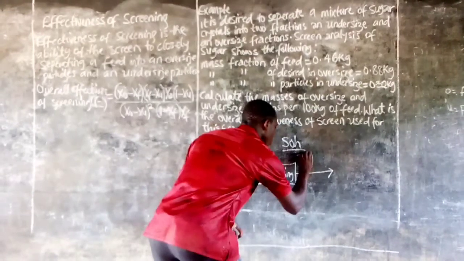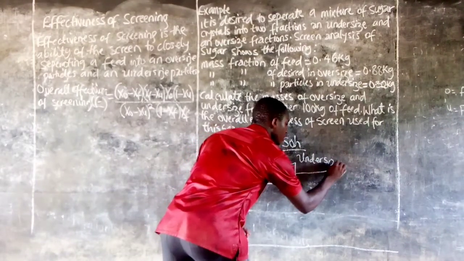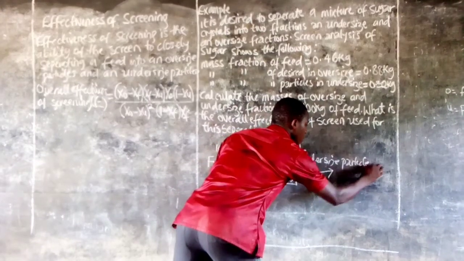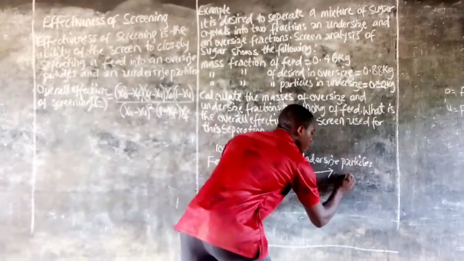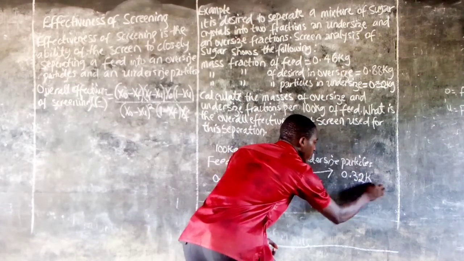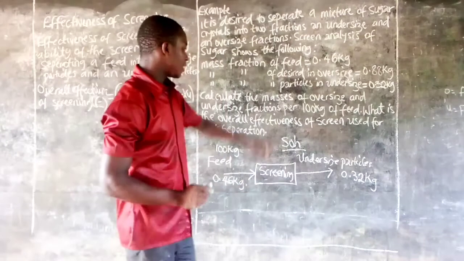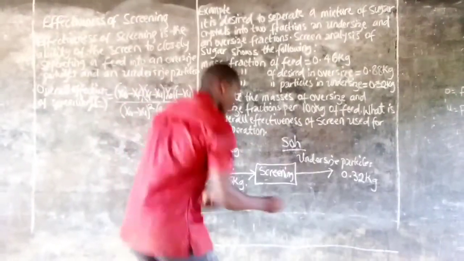We have the undersized particles with a mass fraction of 0.32 kg, but the mass of the undersized particles is what the question says we should calculate.